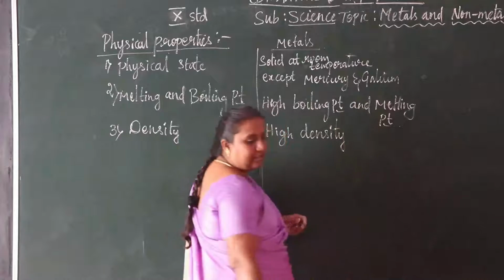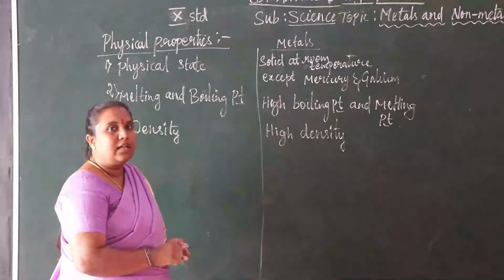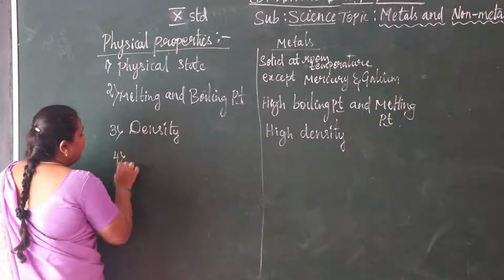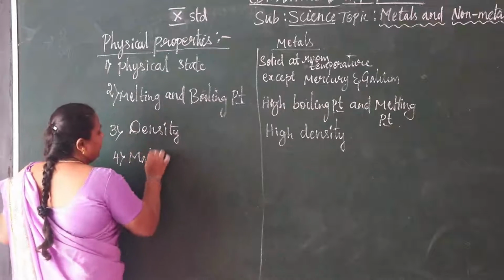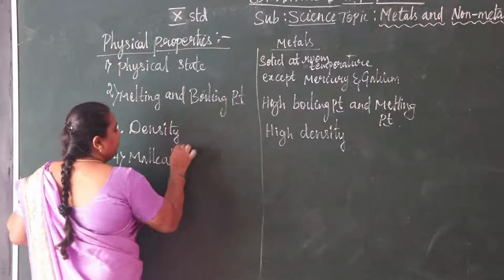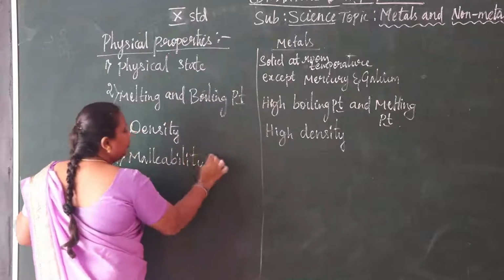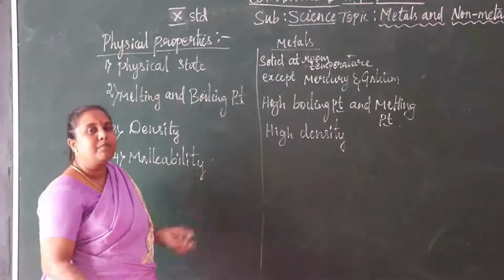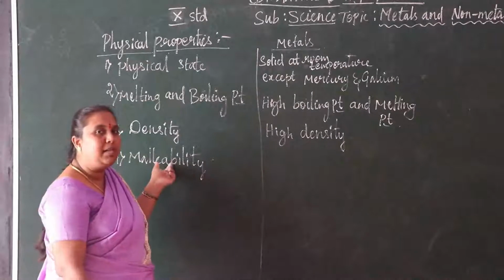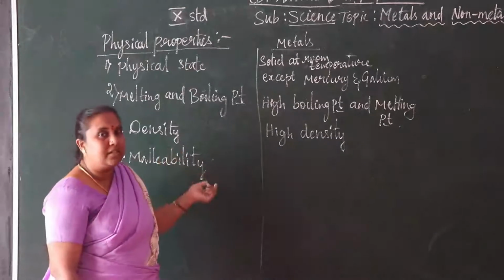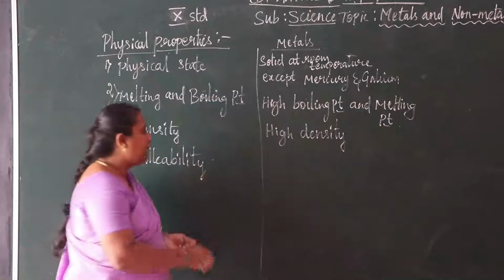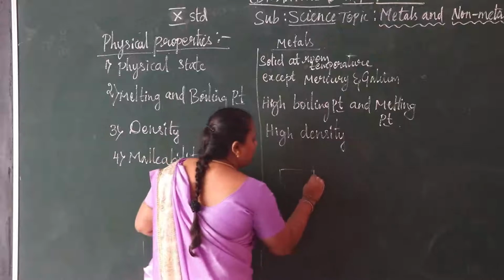And then another concept is malleability. This is new to you. What does malleable mean? Malleable means we can beat metal into thin sheets. We have a metal like this, it is a solid.